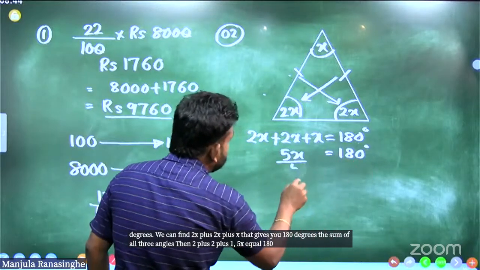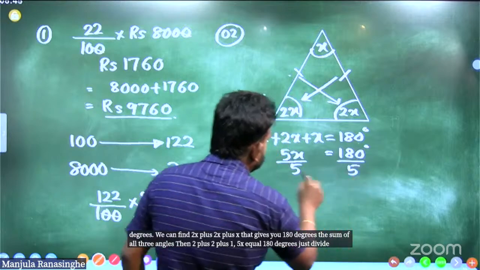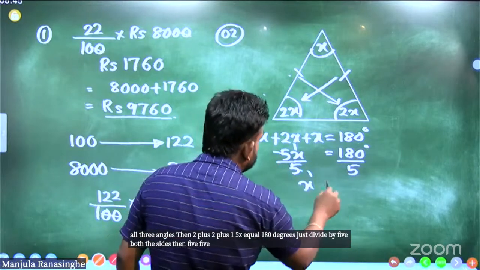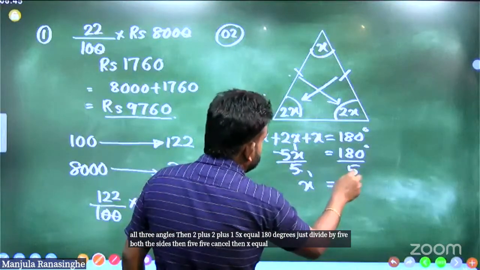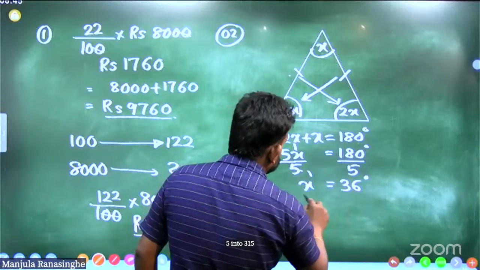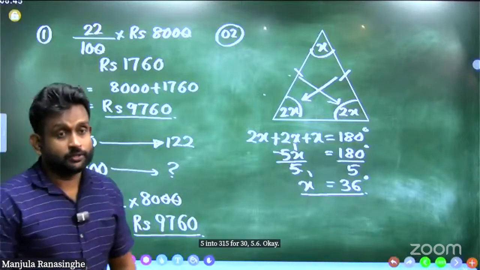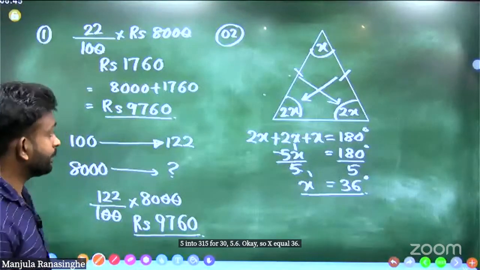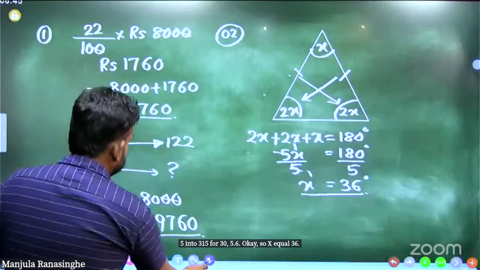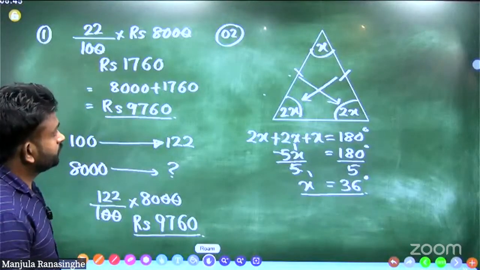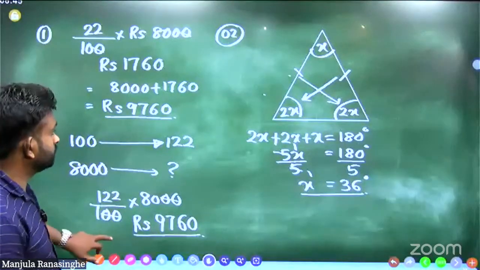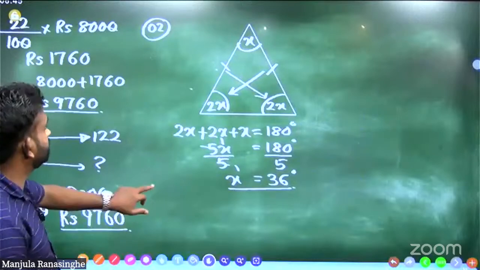Just divide both sides by 5. Then the 5 cancels. Then x equals 180 divided by 5, which is 36. Okay, so x equals 36. Right.